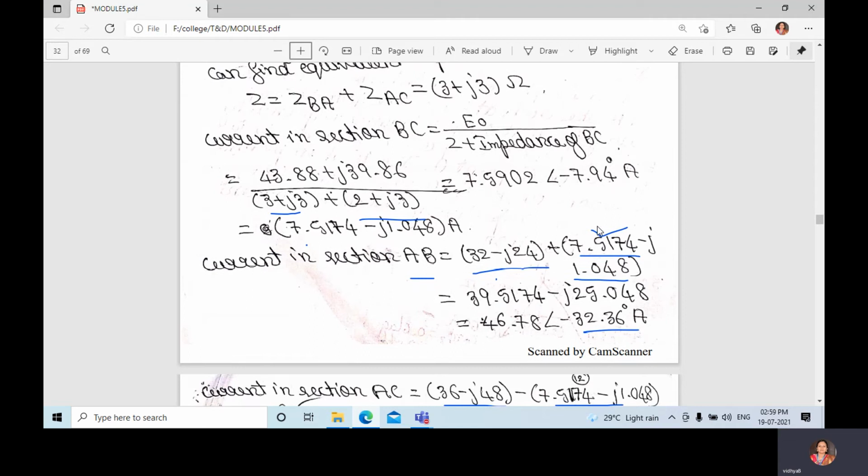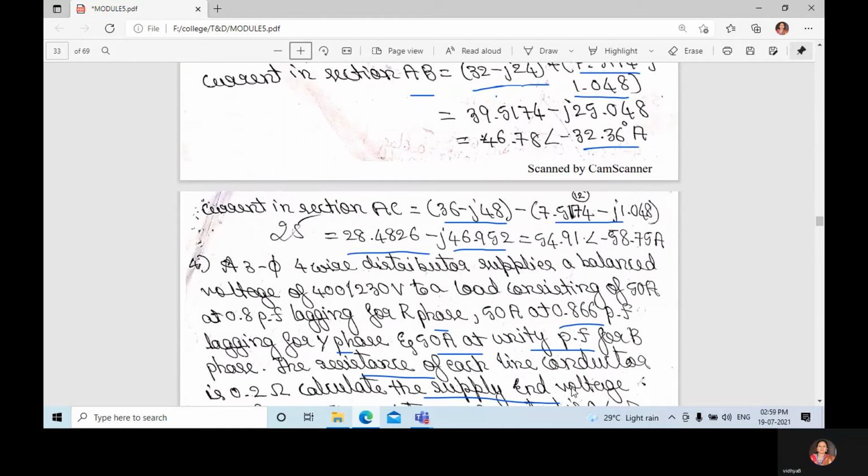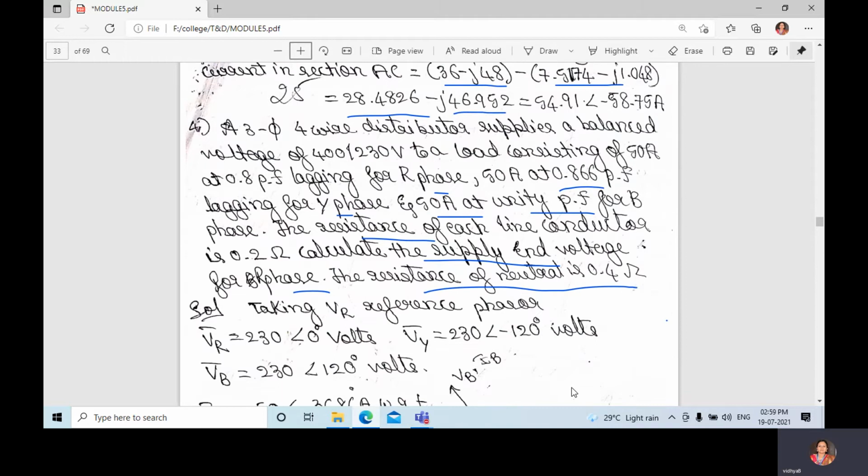Two currents flow in AB, but in case of AC we will subtract the current, because that current will not flow in section BC. That's why we subtract here. So what we get is 54.91 at 75. The same case we have done here also, just instead of A, B, C, they have taken the phases R, Y, B. That's it.